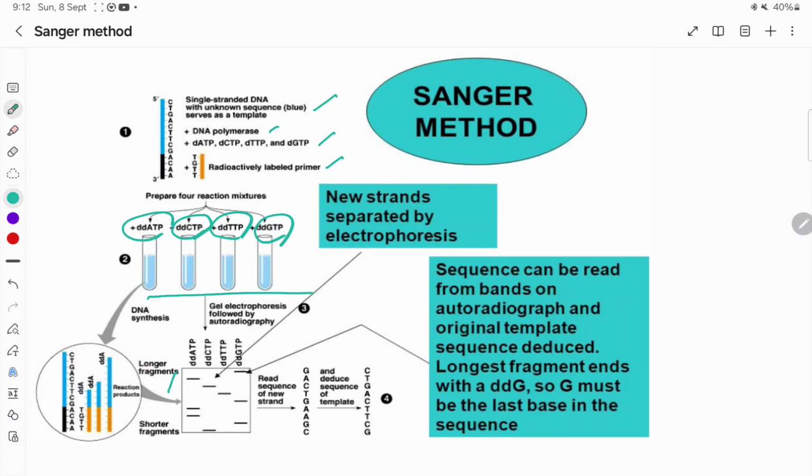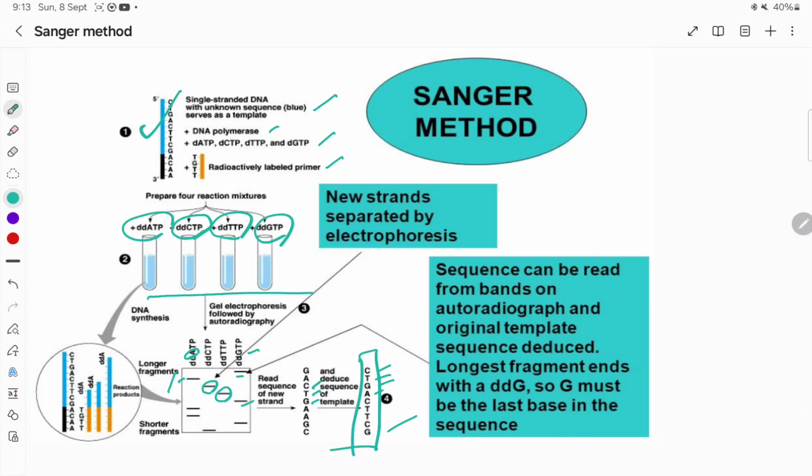You can see here, this is dideoxyguanosine triphosphate, so we write G. The second one is A, so we write A. The third one is C, and the fourth one is T, and the next one is G. These are the dideoxy bases, so the sequence in the template will be the complementary: the complement of G is C, A is T, C is G, and T is A. This is now the sequence of the DNA template which we took initially.